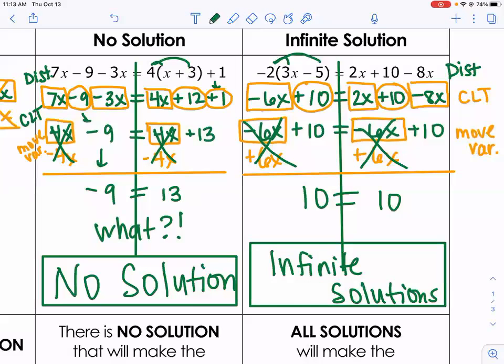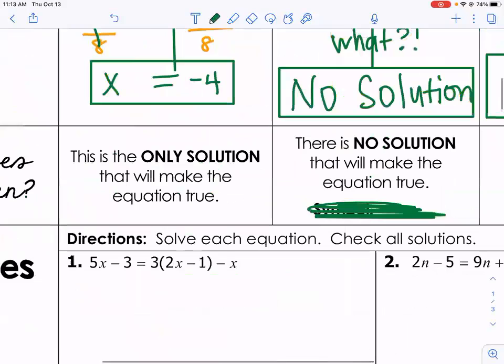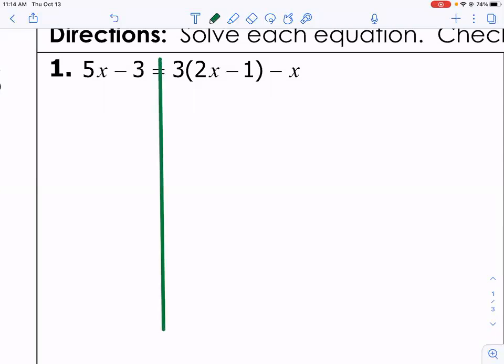Okay, so what I'm going to have you do is try number one. You try number one without me. Okay. Draw your fence. You have all the steps in number one. That's why I think it's a good one to try.